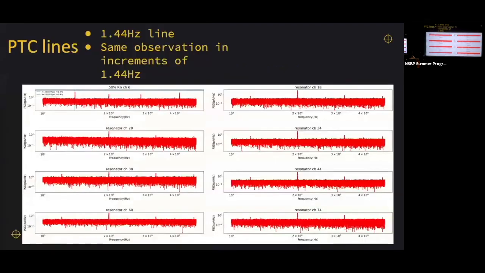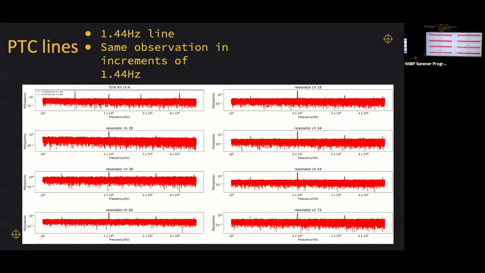This is when I started using the algorithm. These are PTC lines. To get to its superconducting state, the telescope is using cryocoolers, and to lower the temperature we're using pulse tube cryocoolers by Cryomech. So these are the lines from that.